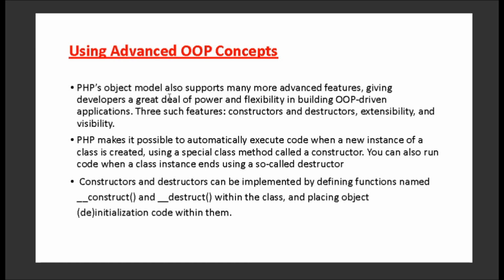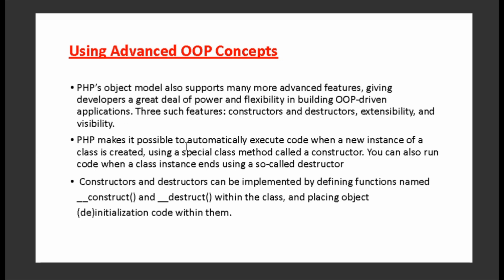Using advanced OOPs concepts, PHP's object model also supports many more advanced features, giving developers a great deal of power and flexibility in building OOP-driven applications. Three such features: constructor, destructor, extensibility, and visibility.